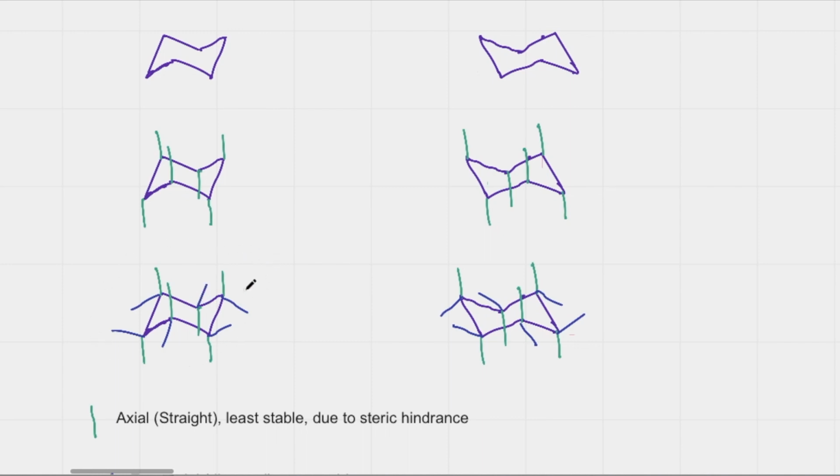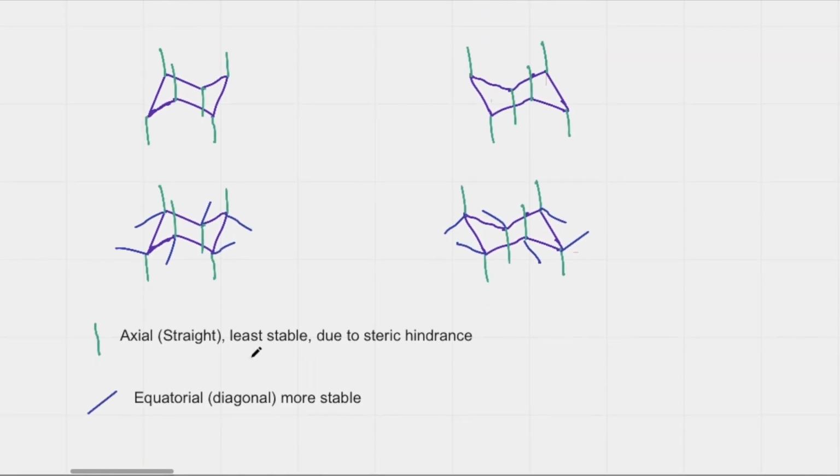And it's very important to draw the chair correctly and to draw the equatorial and axial substituents correctly. So again, everything that we have drawn either straight up or straight down is called axial, and the positions that we have drawn that are diagonal, not straight up or straight down, but at an angle, they're called equatorial.